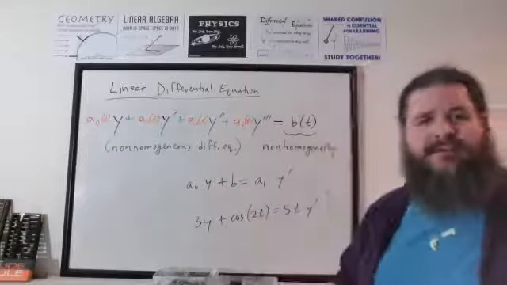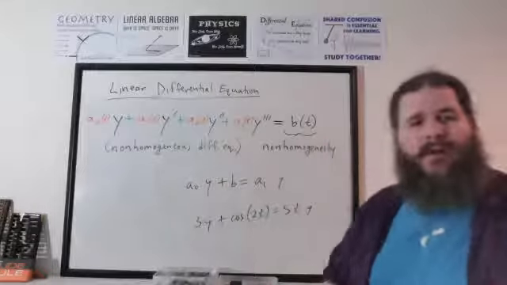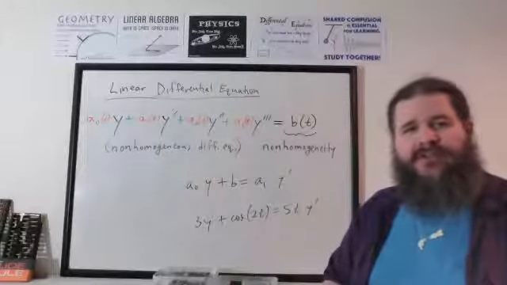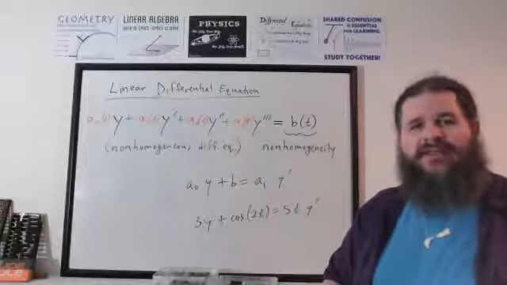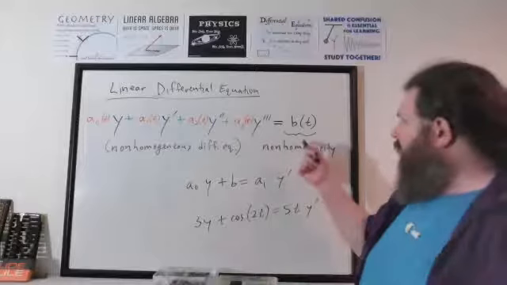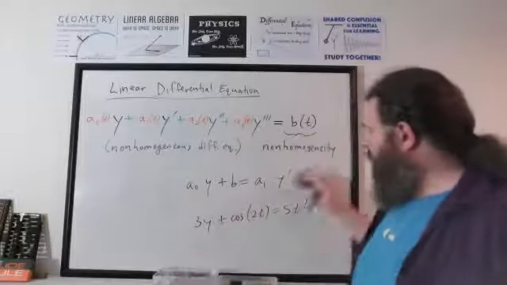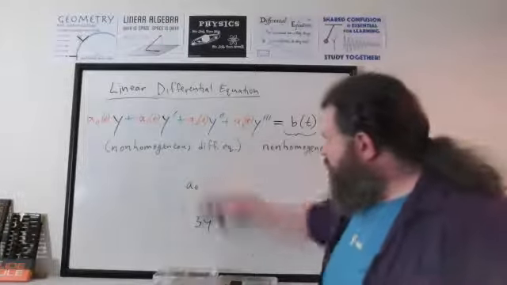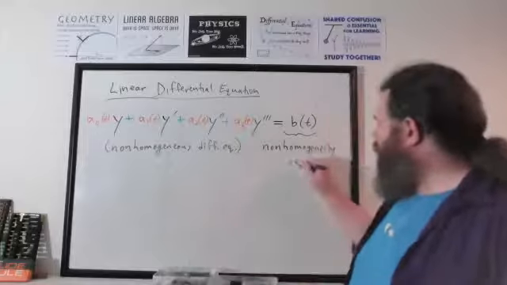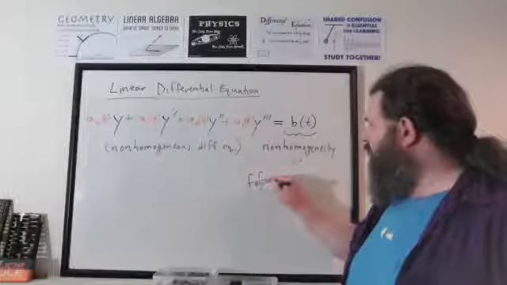That is, a linear differential equation that has this term without a y in it is a non-homogeneous differential equation, or sometimes called inhomogeneous. The part that makes it non-homogeneous, the part without a y in it, is the non-homogeneity, also sometimes called the forcing function.